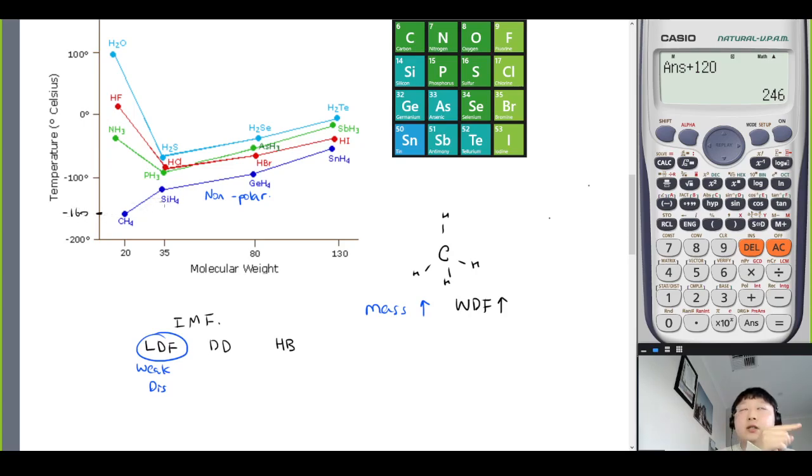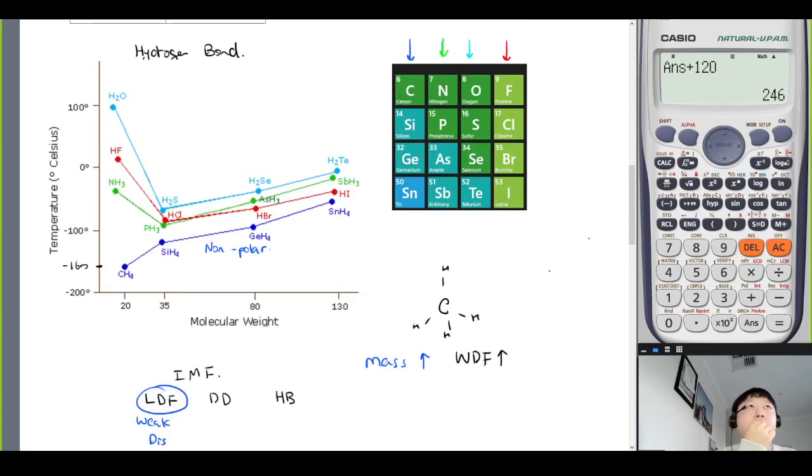But when you move on to silicon, it's a little bit heavier, because carbon's mass number is like 12, but silicon is like 28 or something. So as you go down, it's getting heavier. Therefore the weak dispersion force increases, and therefore the boiling point increases, right? So that's what this blue line is showing. Make sense?